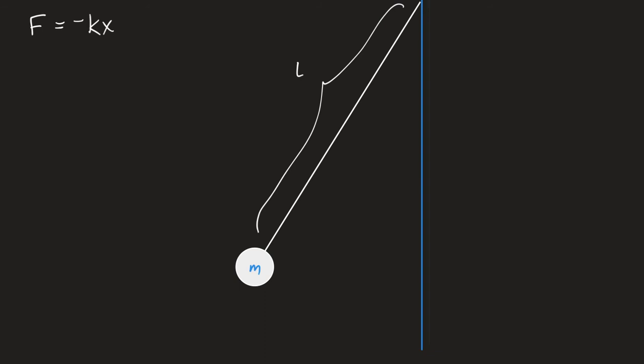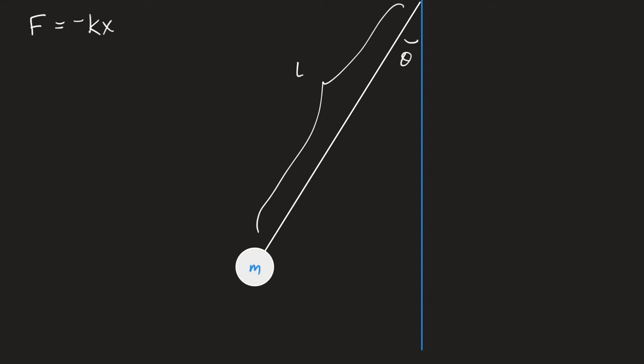Now, I'm going to label this theta and indicate that we are at a moment in time where the displacement of the object is some amount away from equilibrium. I'm not talking about pulling it out and letting it go. This pendulum is somewhere in the middle of its motion.